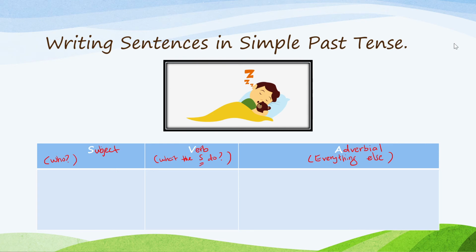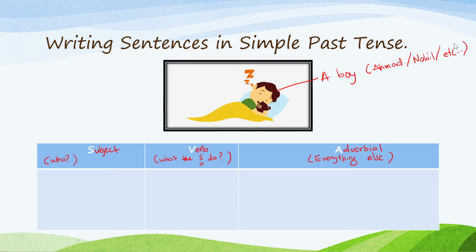Okay? Now, let's see. The subject is a boy. Or you can name him into other name, such as Ahmad. Or we can name him Nabil. Or etc. Etc. means lain-lain.